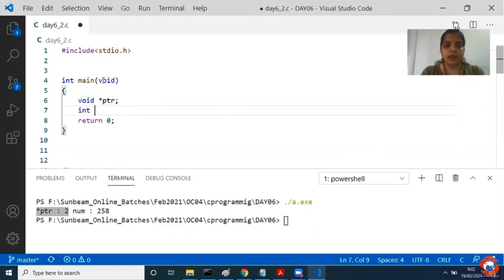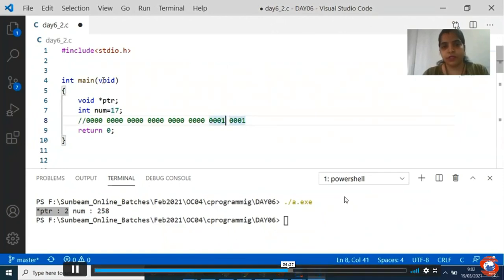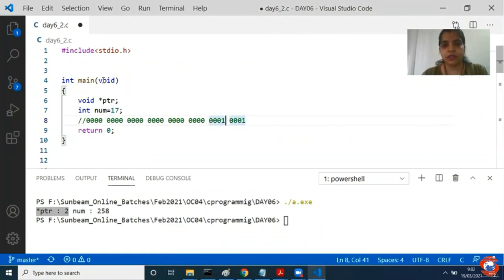Now I have an integer num which is equal to maybe 17. How do we represent this num? This will be represented in binary. Is it okay?